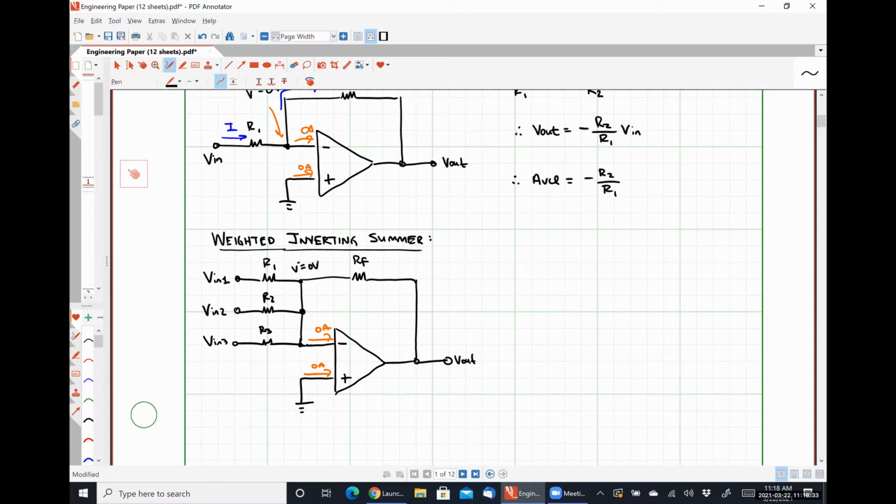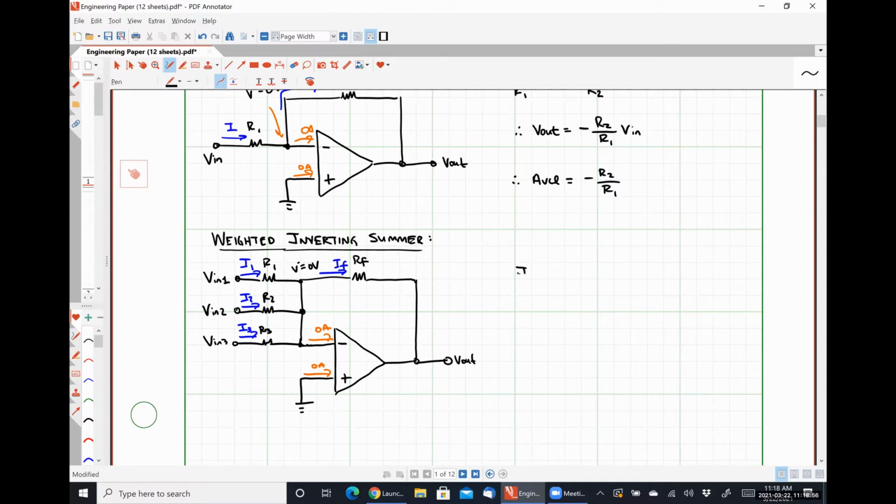So if we apply Kirchhoff's current law at the inverting input terminal, I can see that I have currents I1, I2, and I3 flowing in, and a current of IF flowing out.